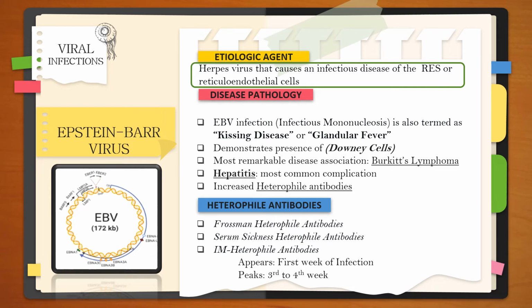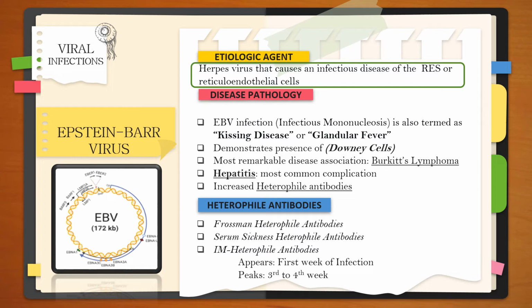One of the hallmarks of Epstein-Barr virus infection is the evidence of increased heterophile antibodies. So class, in most of your board exam reviews, when we say heterophile antibodies, we are actually referring to your Epstein-Barr virus. So in an EBV infection, there are increased heterophile antibodies.